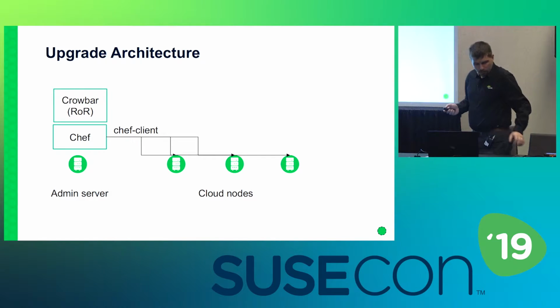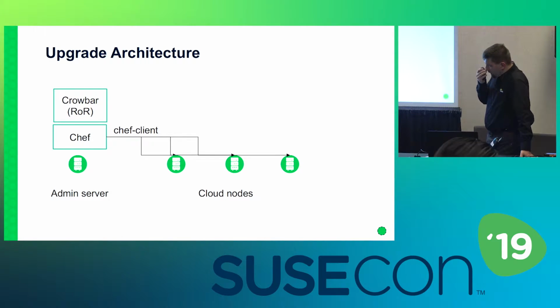So another picture, basically, to show you how we do the configuration. As I said before, we have this admin server where the Crowbar application is running, and the chef server and the chef cookbooks are located, and chef clients from all the cloud nodes are using these.